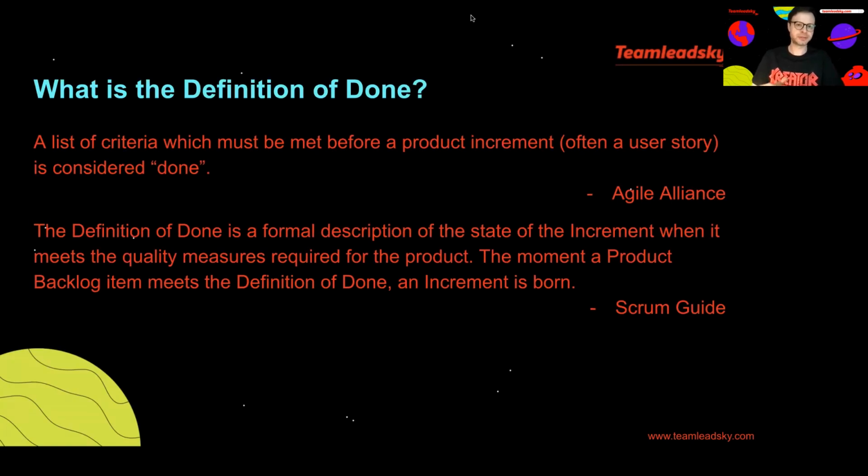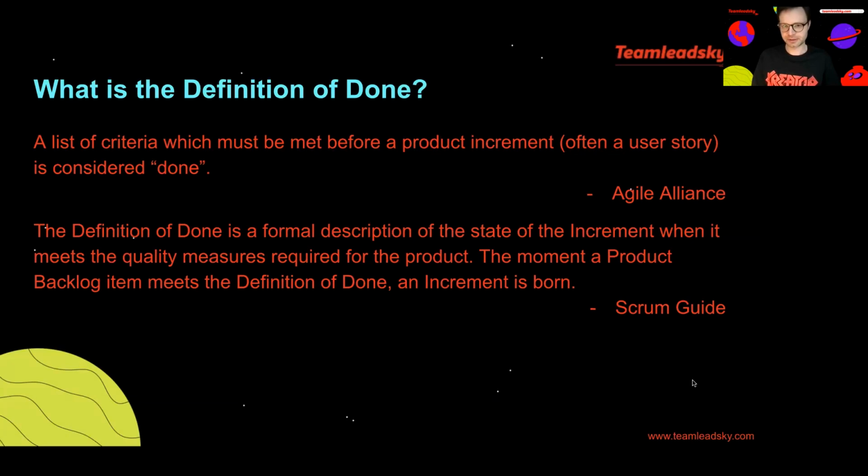So talking about the definition of done. Let's get back to the roots a little bit, and let's start with the definition. We can see that Agile Alliance describes the definition of done as a list of criteria that have to be met before certain effort, like a product, like a user story or task, is considered done.